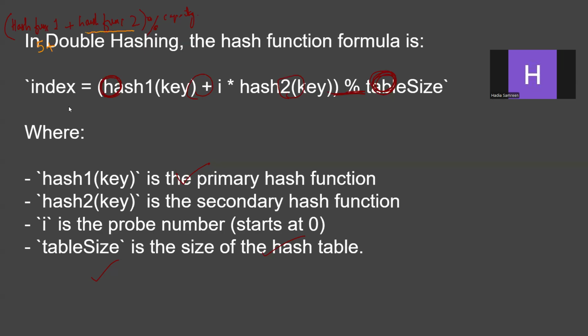See, index equals hash function 1 plus i times hash function 2, modulus table size, where hash function 1 and hash function 2 are the primary and secondary hash functions. And here i will start from 0, and this is the table size.